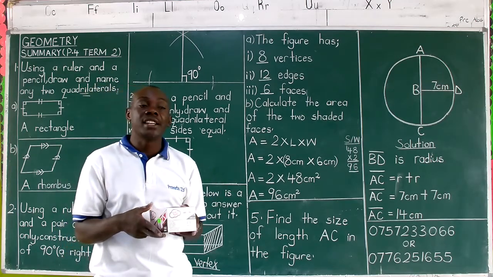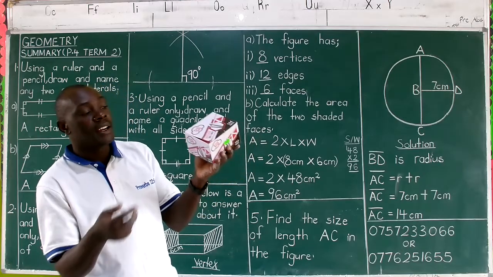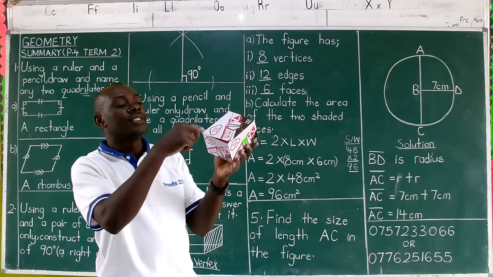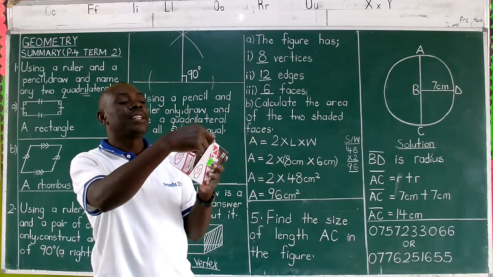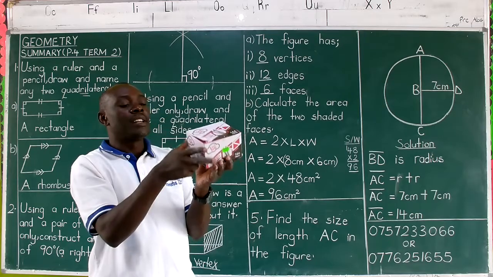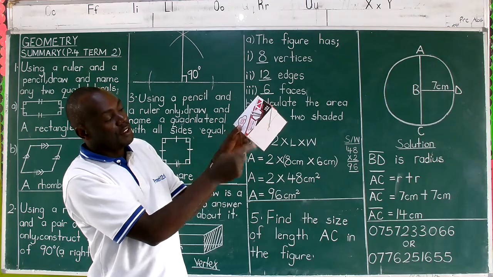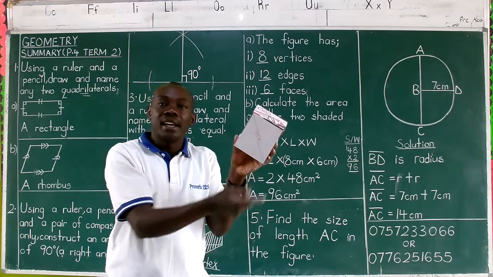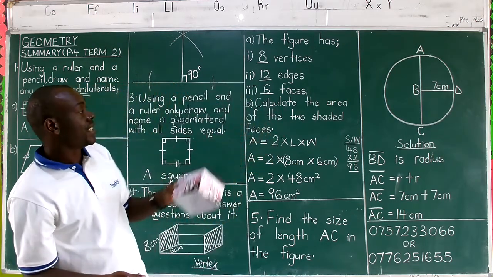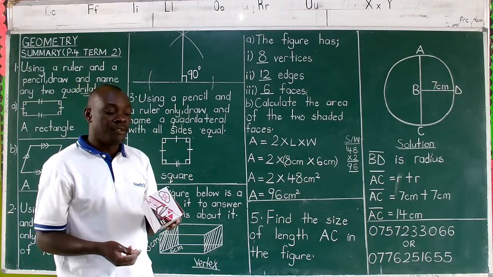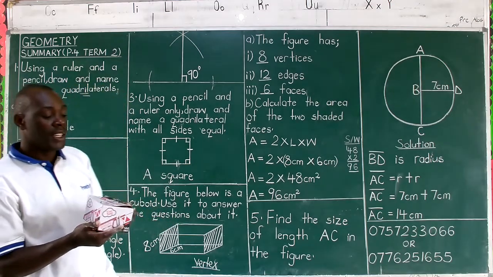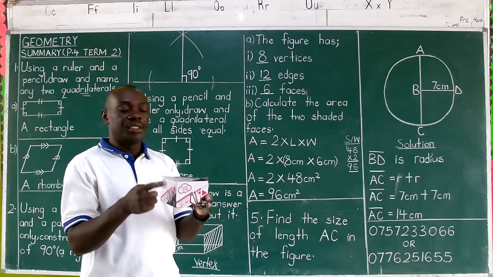So it has got 8 of them. Let's count together. 1, 2, 3, 4. Then down. 5, 6, 7, 8. 8 vertices.